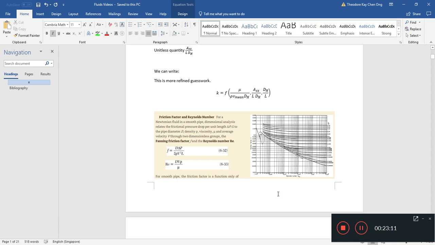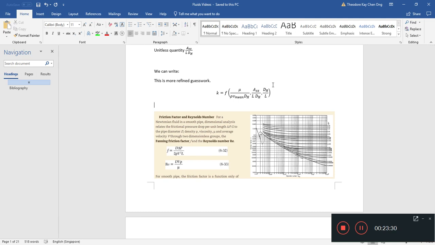So this is one of the most important graphs you want to see for energy loss in pipes. We can see that dimensional analysis has helped us solve the problem of having to do millions and billions of experiments.